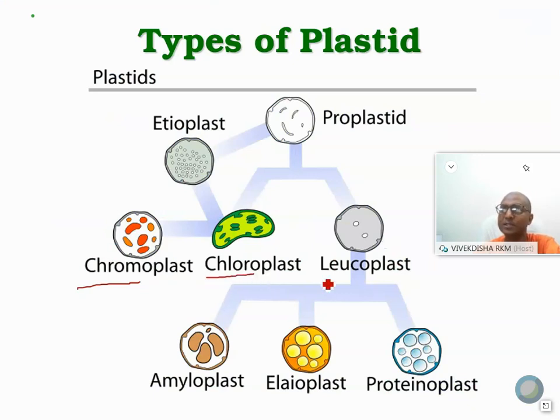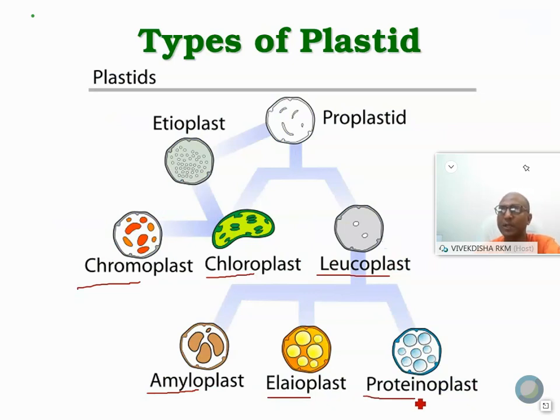And leucoplast is the type of plastid having no color, but they are reservoirs of different types of food particles. Amyloplast: amylo stands for carbohydrate; elaio stands for lipid; and protein, perhaps you know that, so proteinoplast.